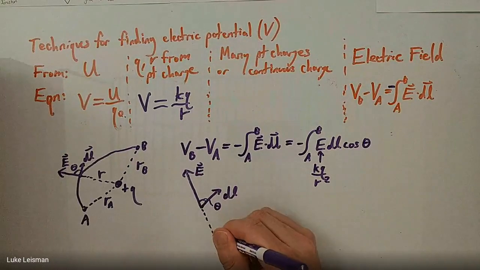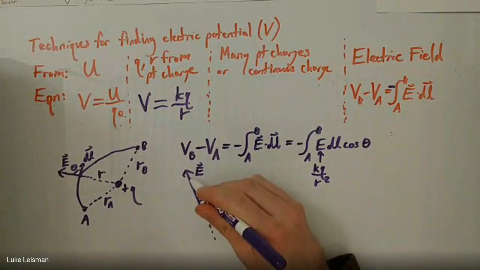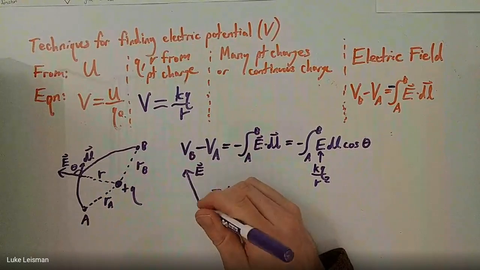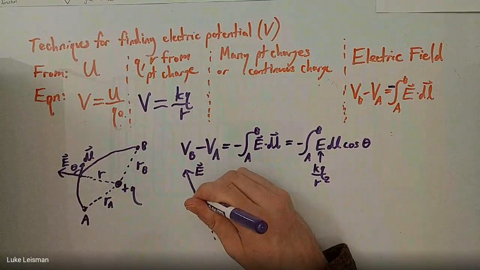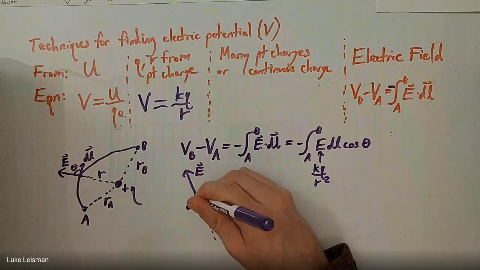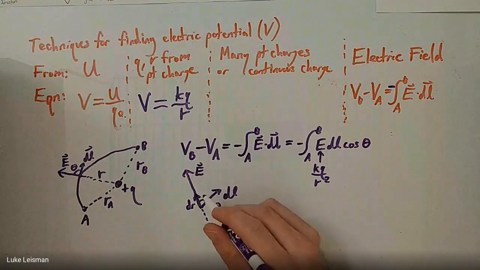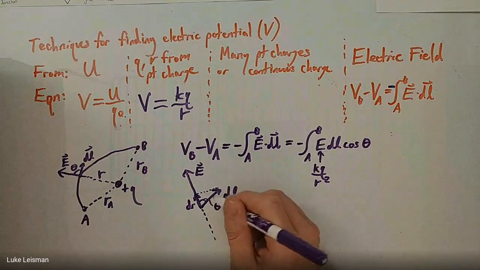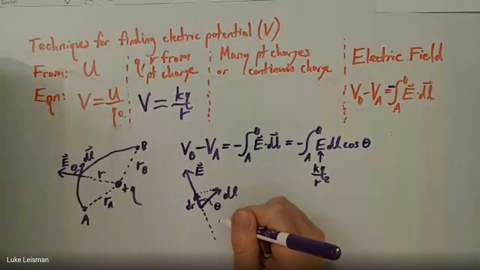Well, that radial direction is along E, right? E is in that radial direction. So a little change in r, dr, is going to point along that electric field direction, right? That would be my little change in r, dr. And what you might notice is that dr is just a component of a right triangle with dl, right?